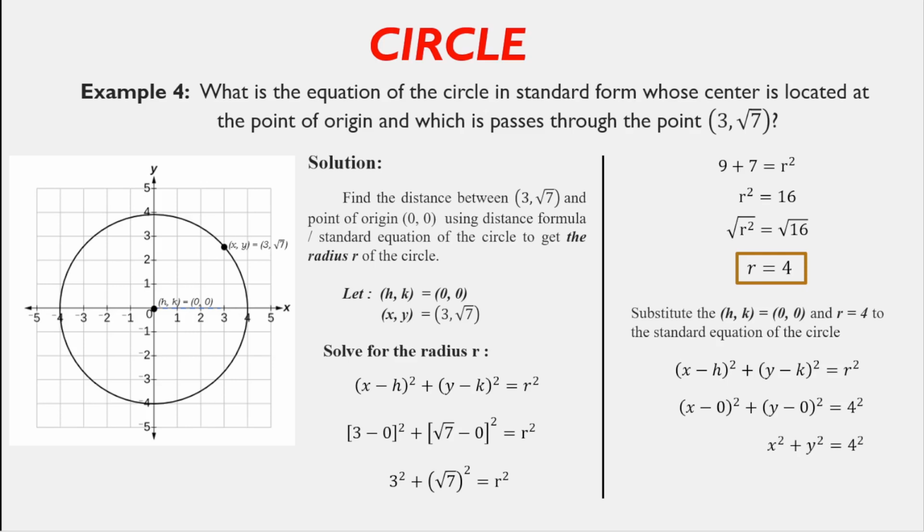As we substitute the values for h and k, we have x minus 0 squared plus y minus 0 squared is equal to 4 squared. So we can say that the standard equation of the circle in the given problem is x squared plus y squared is equal to 16.